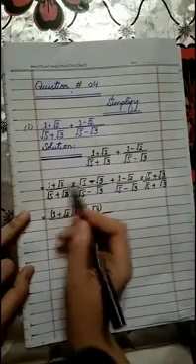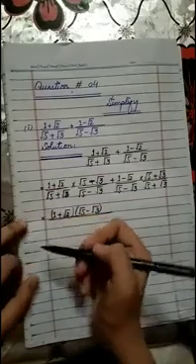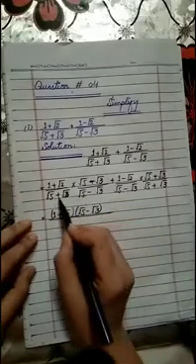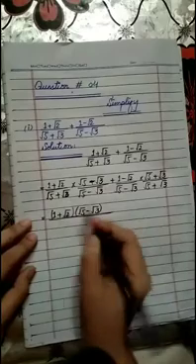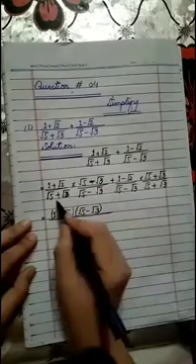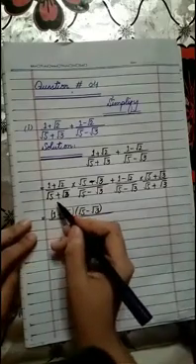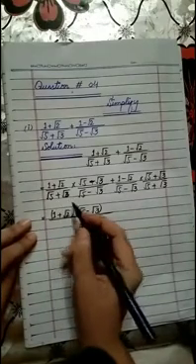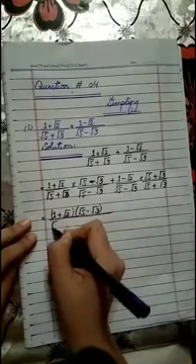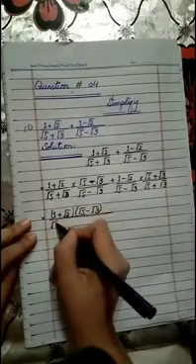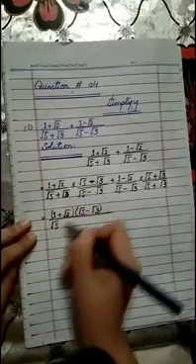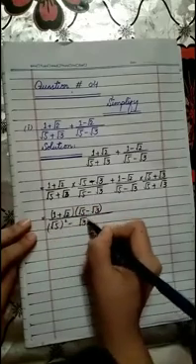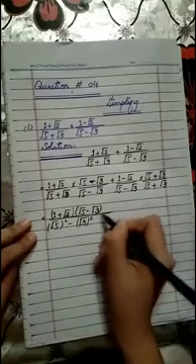But we have to check: the numerators are totally different values, but the denominators are the same values with a different sign between them. So we can apply the formula a square minus b square is equal to a plus b into a minus b. We will consider this as a and this as b. What formula is there? a square minus b square, as you are well familiar with this formula.